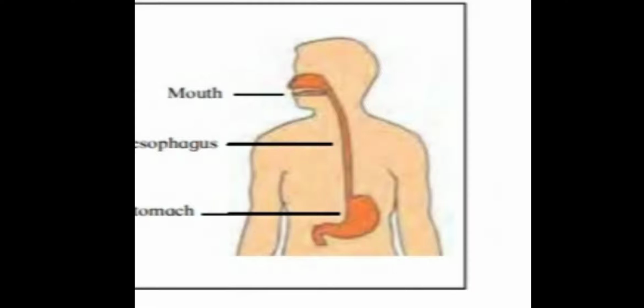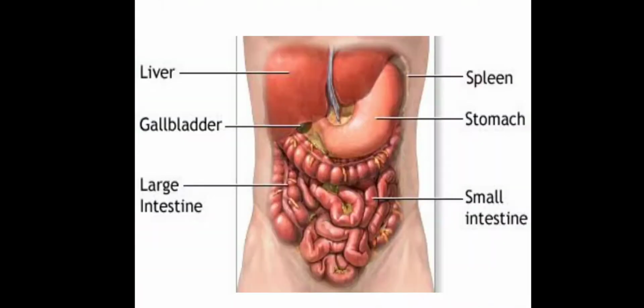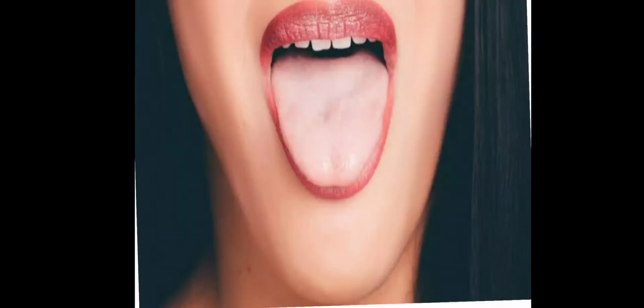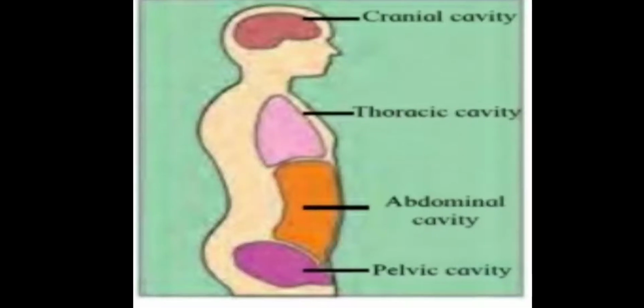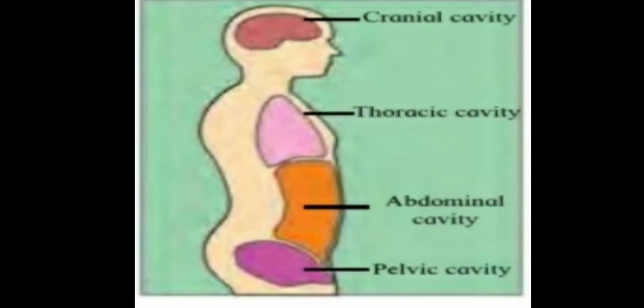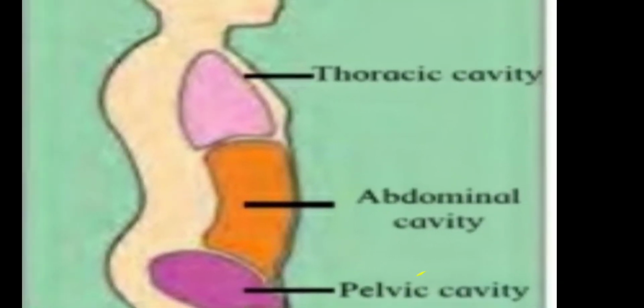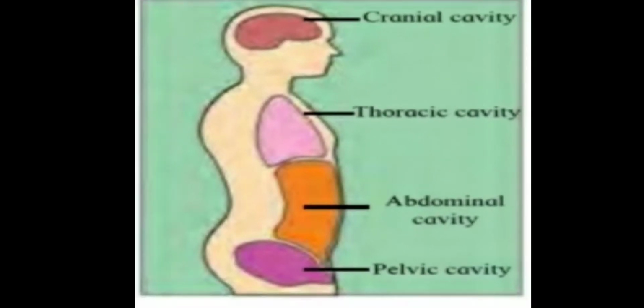Here is the thoracic cavity, and this is the abdominal cavity.